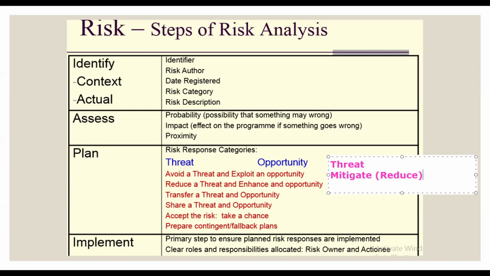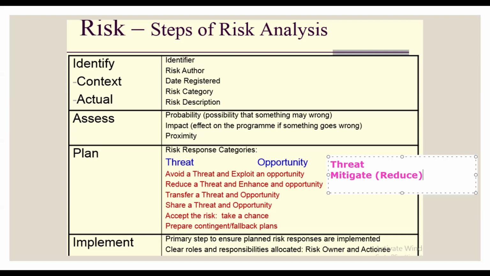if the timelines are very stringent, you hire a highly skilled team. You hire subject matter experts. So tell me, if the risk is schedule slippage, by doing this mitigation, will the probability and impact both be reduced or not?